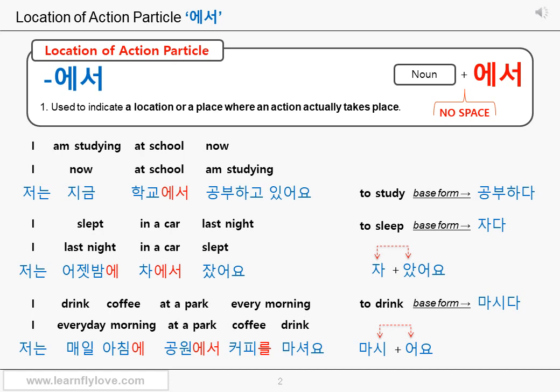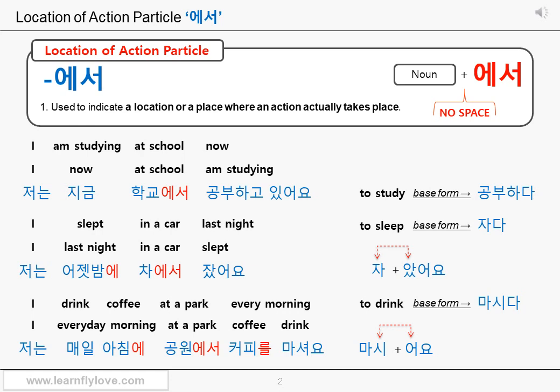Drink. This is something you do every morning, something habitual and repetitive. Therefore, you use the present simple tense. The base form of the verb to drink in Korean is 마시다. The stem is 마시, and you add a present simple ending 어요. 마시 plus 어요.